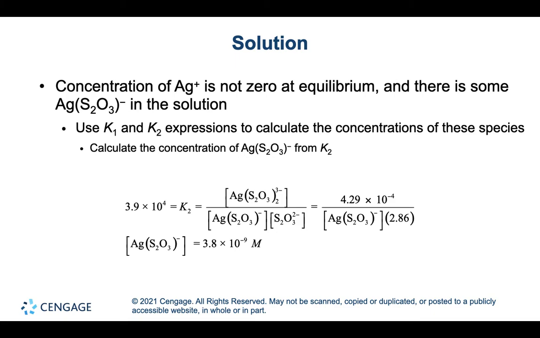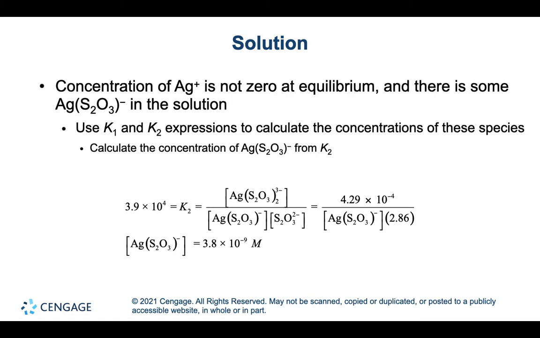And we plug in the molarity of the complex ion with the two thiosulfates, and we plug in the 2.86 for the thiosulfate, and we solve for how much Ag(S2O3)- with only one thiosulfate on it we have, and we get 3.8 times 10^-9 moles per liter of the silver with only one ligand attached.